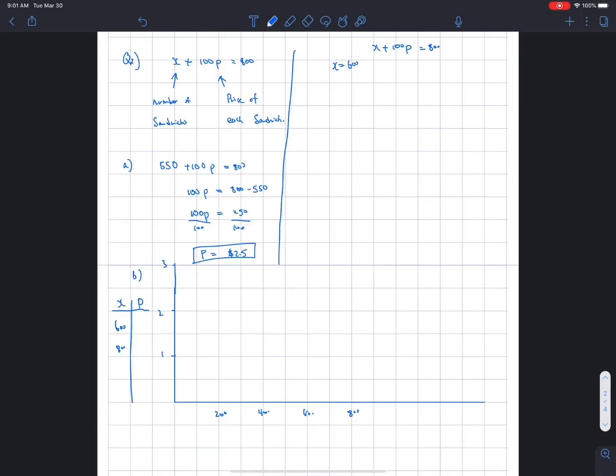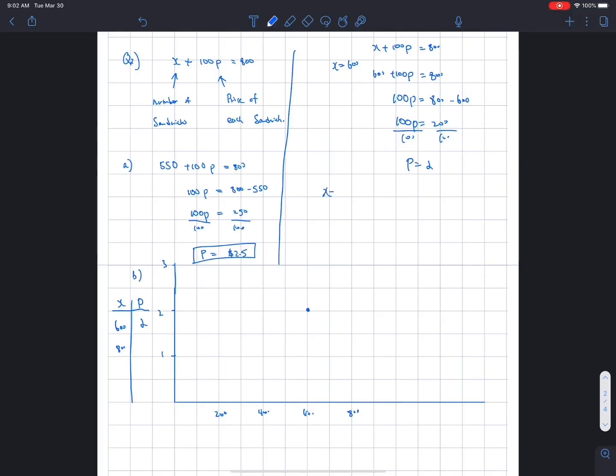This is 600. 600 plus 100p equals 800. 100p equals 800 minus 600. 100p equals 200. Divide both sides by 100, we get p equals 2. So that's a point that we can use.